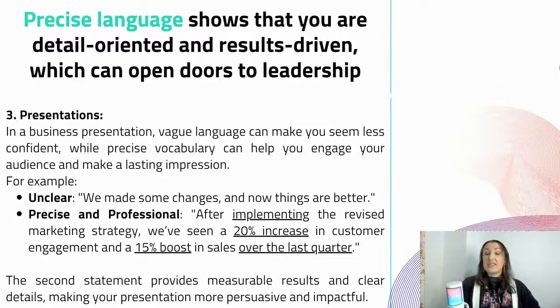But if you say something like, after implementing this strategy, we've seen an increase in customer engagement and a boost in sales over the last quarter, you are giving exact numbers and figures, and you are using the clear, precise vocabulary that is needed. You provide measurable results. So the KPIs are very important to study. They are measures, things that you can measure. That's important.